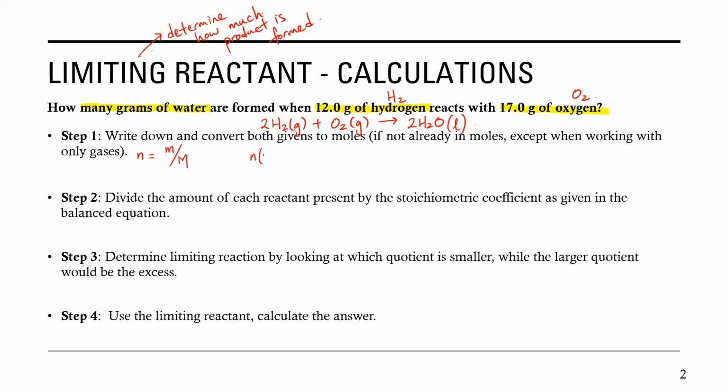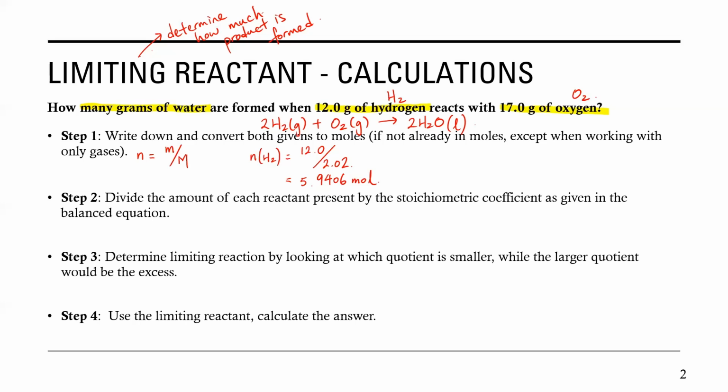So for n of H2, it's 12.0 divided by the molar mass of hydrogen, which is 2.02. That's going to give us 5.9406 moles.